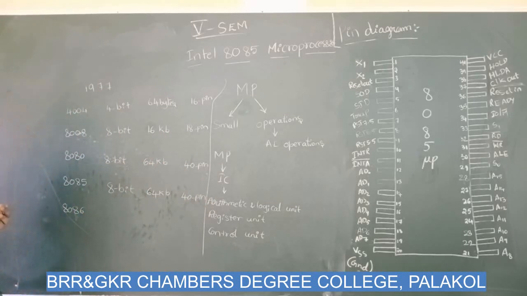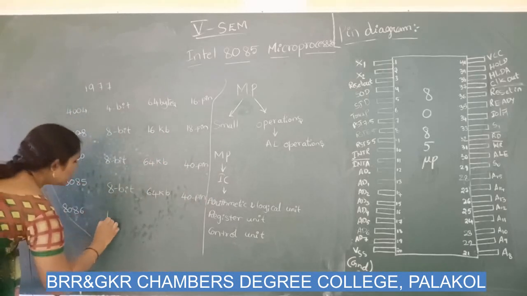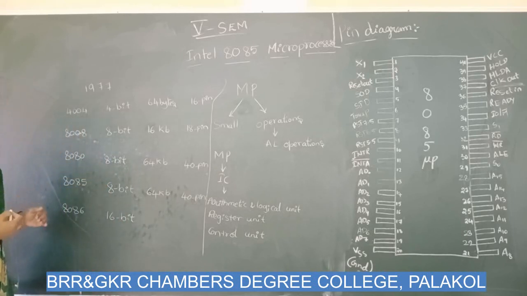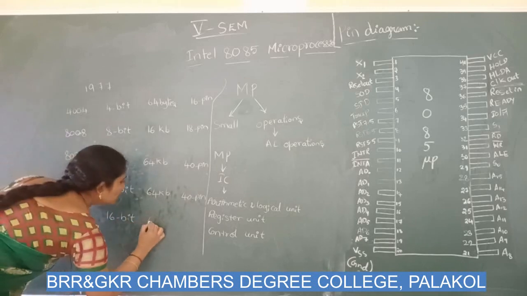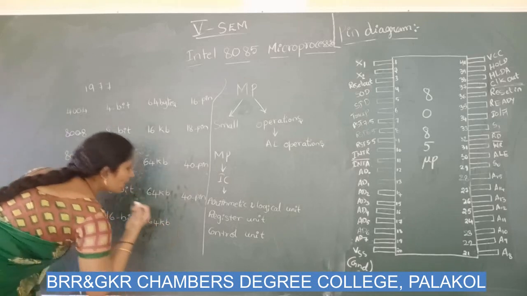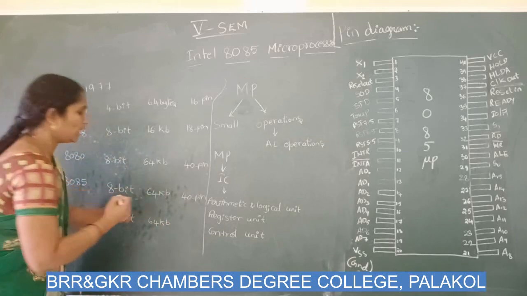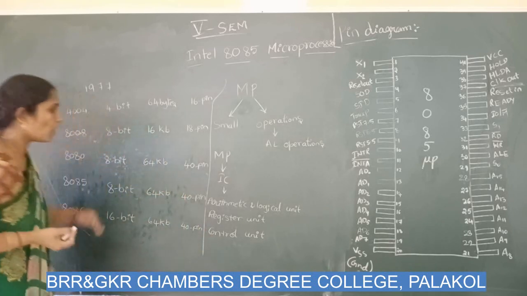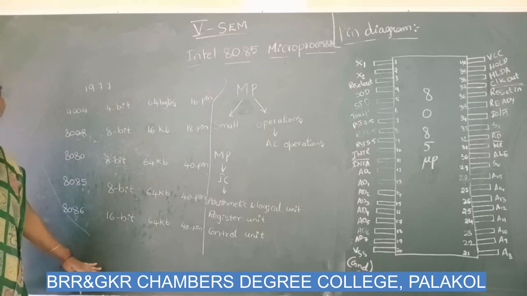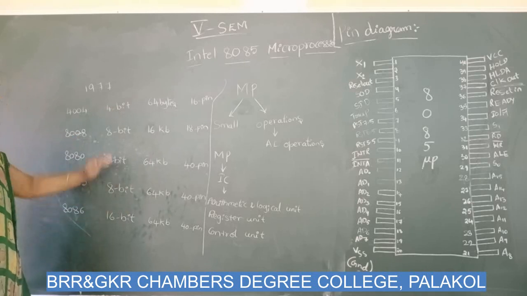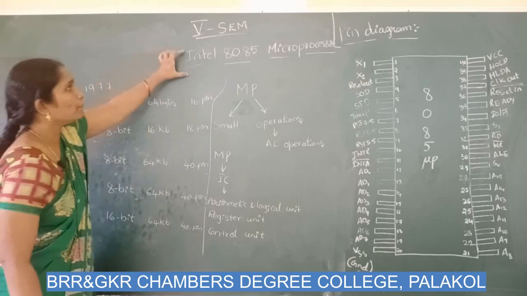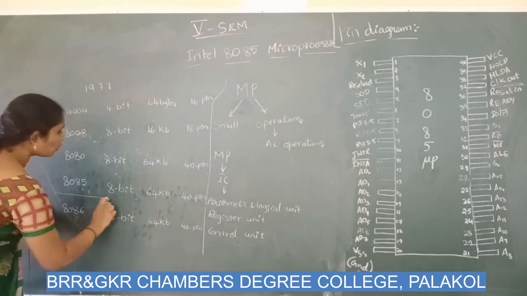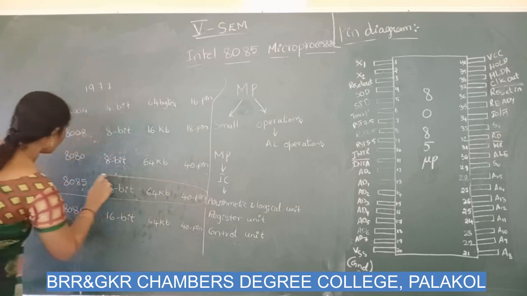After that, the 8086 microprocessor. It is a 16-bit microprocessor. The memory size of this microprocessor is 64 kilobytes, and it is also a 40-pin IC. After that, many microprocessors came into the picture, but in this paper we discuss only the 8085 microprocessor.